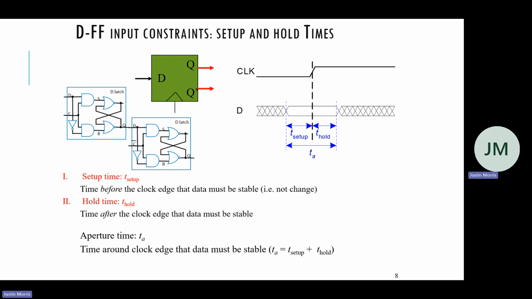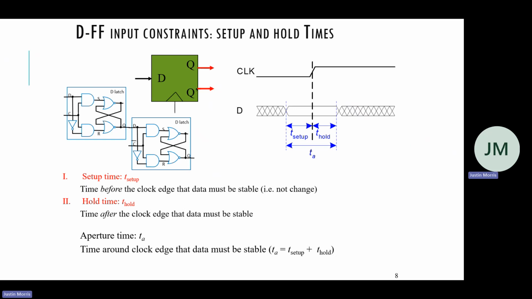So we latch onto the previous value rather than the new value. So we need to make sure that our new input is stable and not changing during this setup time before the clock edge, the positive edge. Are we good with that?